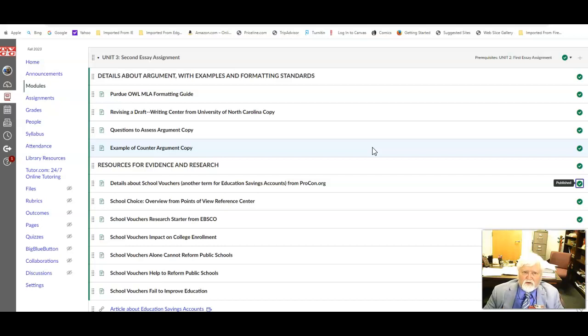You're writing a logical discussion in which you express a position on the topic, either for or against Texas establishing education savings accounts, also known as school vouchers, school savings accounts, or school choice. You're going to use information from sources to support your position.